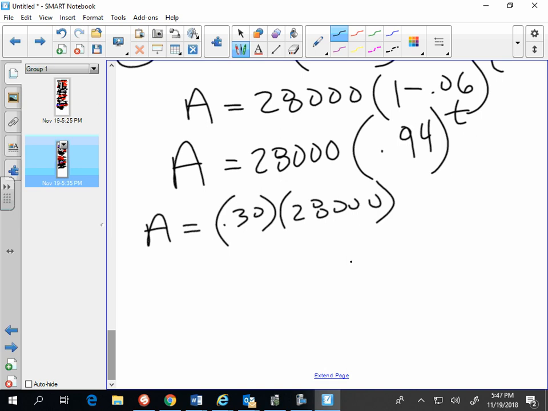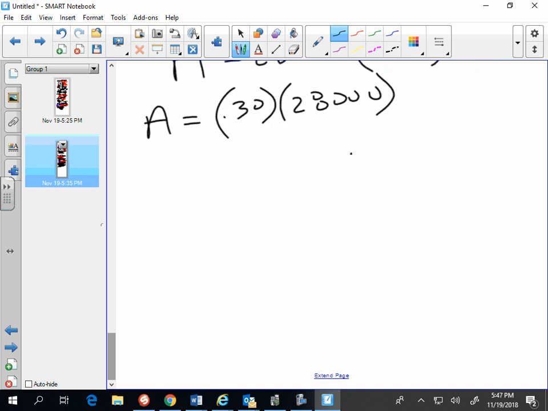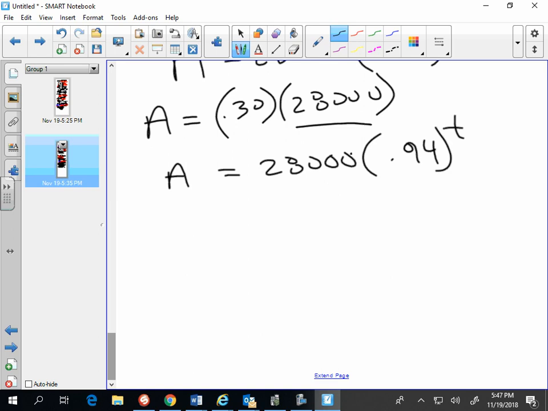Okay, so let's figure out what that is. But I don't actually want to take out my calculator and do that. I want to instead go back to this equation, 28,000 times 0.94 to the T, and replace A with this stuff. And the reason I want to do that is what's going to happen next.